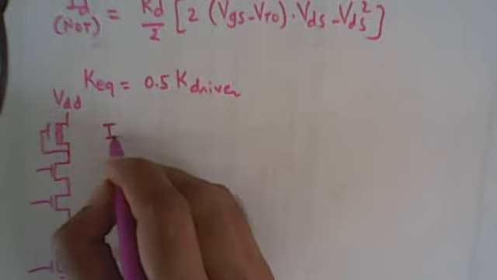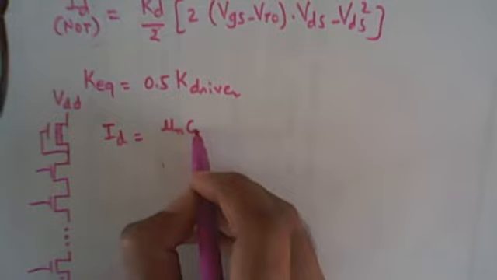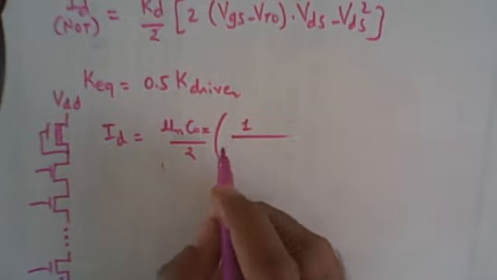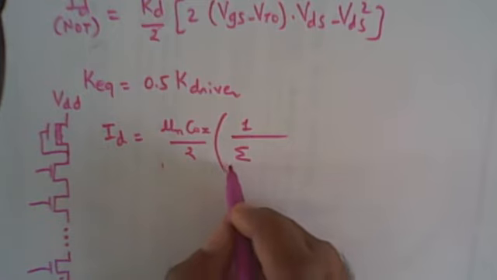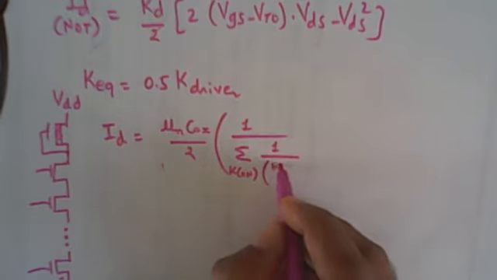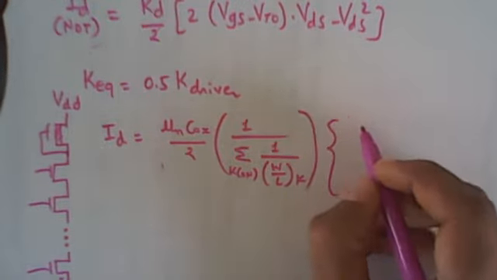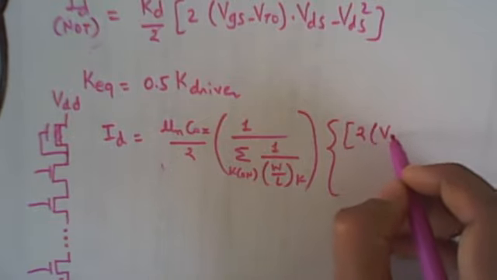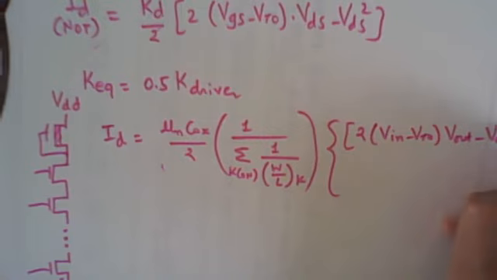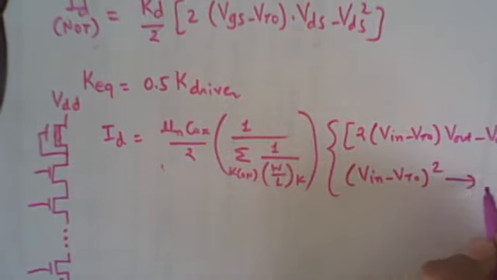In that case, the equivalent ID current is mu n COX by 2 into 1 upon summation over K of 1 upon W upon L of the K-th MOSFET, into, depending on linear or saturation, 2 times V in minus VTO times V out minus V out square for the linear region, and V in minus VTO square for the saturation region.